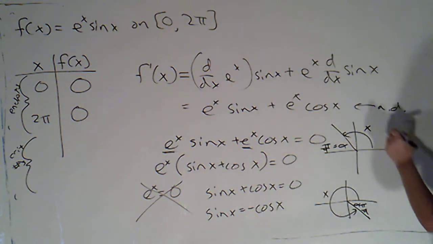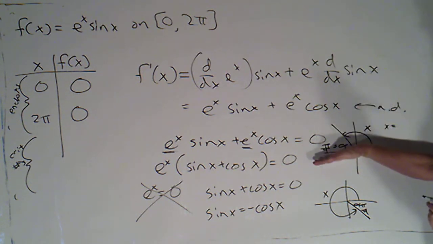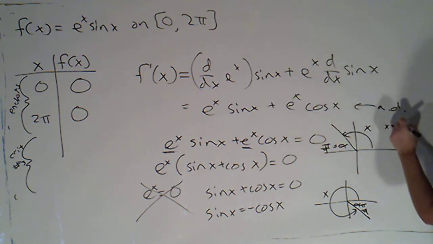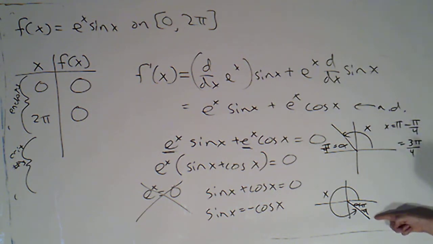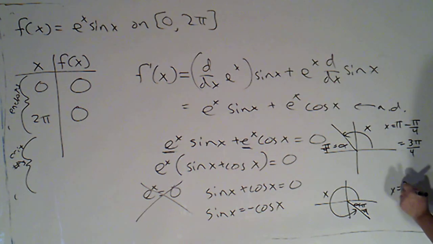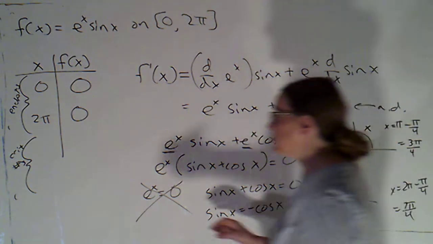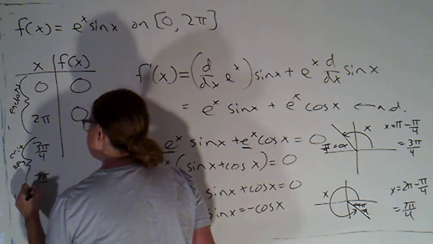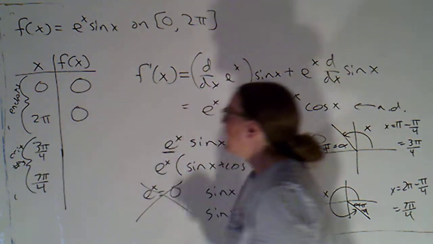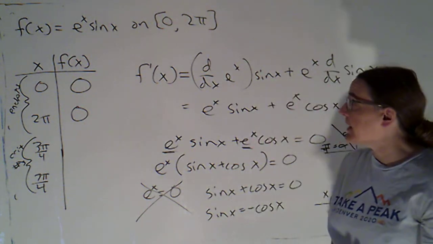So here, my x is pi minus pi over 4, which would just be 3 pi over 4. Here, my x is 2 pi minus pi over 4, which is 7 pi over 4. So I'm going to have two critical numbers, 3 pi over 4 and 7 pi over 4. And now I get to evaluate things there.